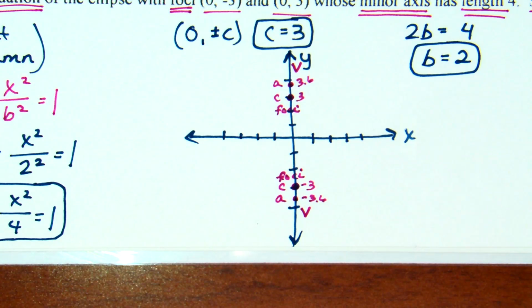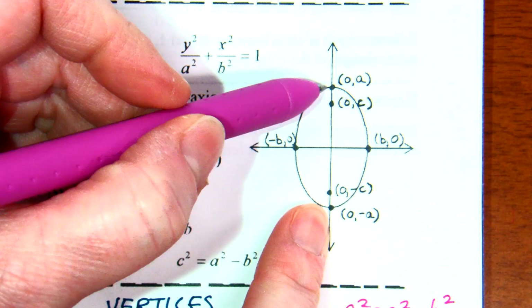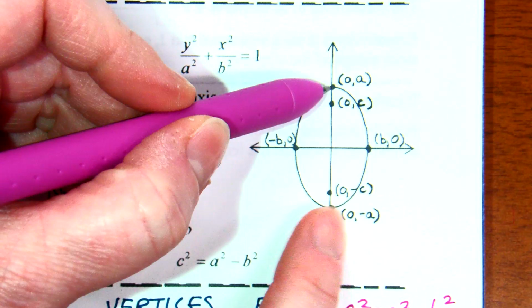Let me for a moment point at our chart up here. If I look at my chart, our C value told us to go up and down to get to our foci. Our A values told us to go up and down to get to our vertices, right? So A values are the long length of the ellipse.